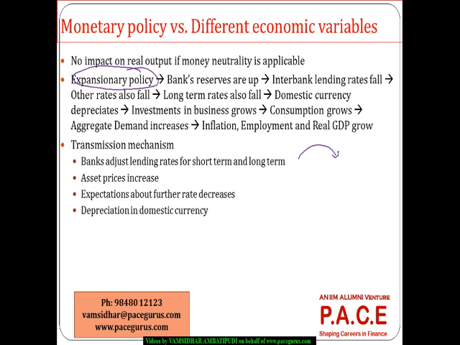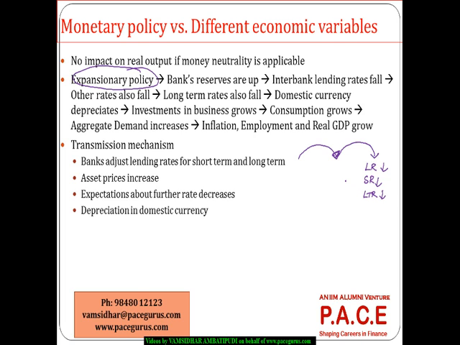So the banks have excess reserves, so they want to lend. With more and more reserves with the banks, the lending rates are typically going down. So if the short term rates are going down, then generally the long term rates also have to go down, because long term rates are a function of the short term rates.